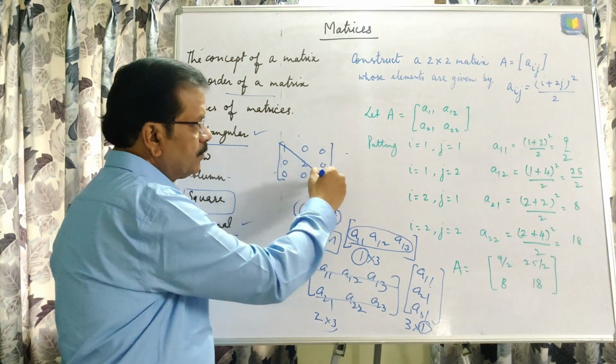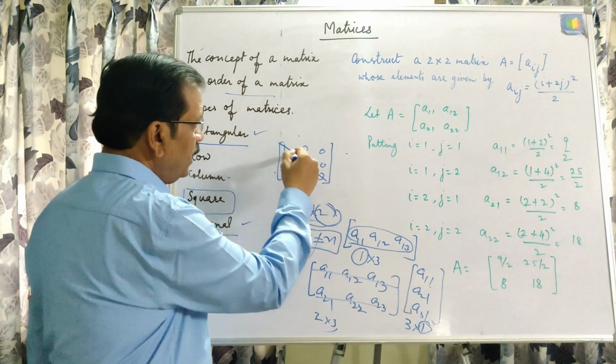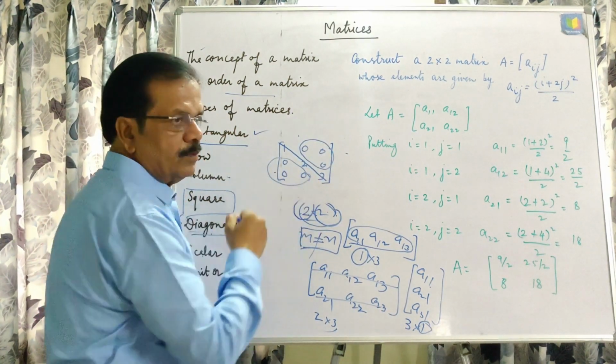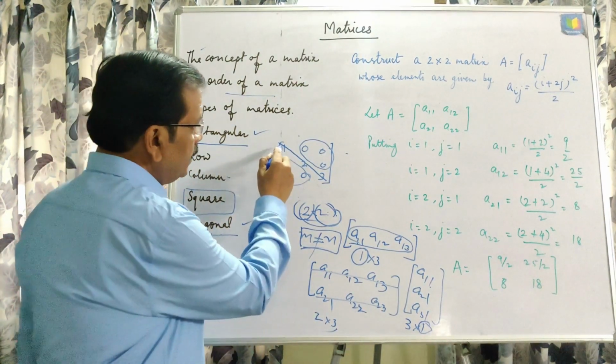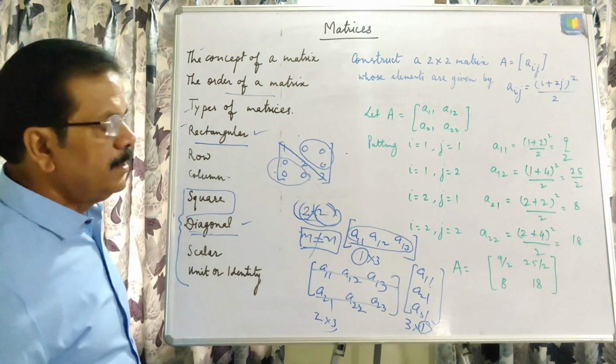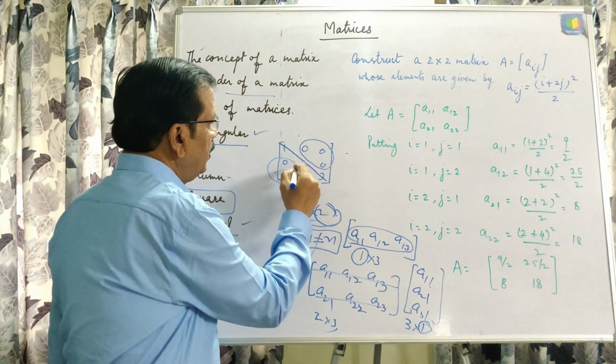This matrix is called a diagonal matrix, in which other than the diagonal the elements are 0. We can take different elements in the diagonal in this way. This is called a diagonal matrix.